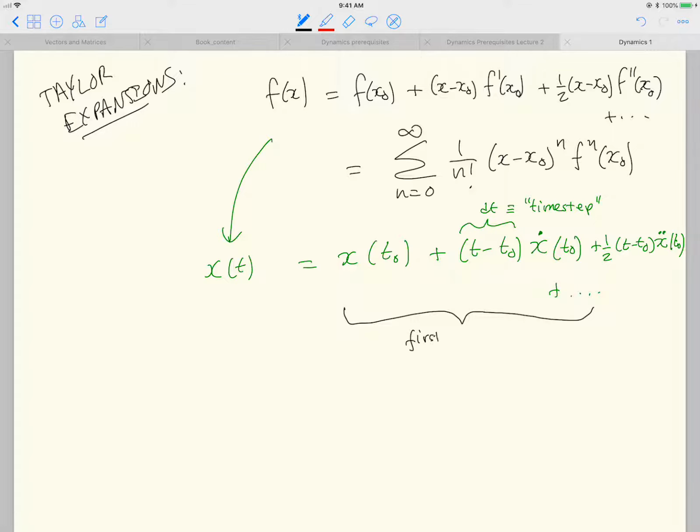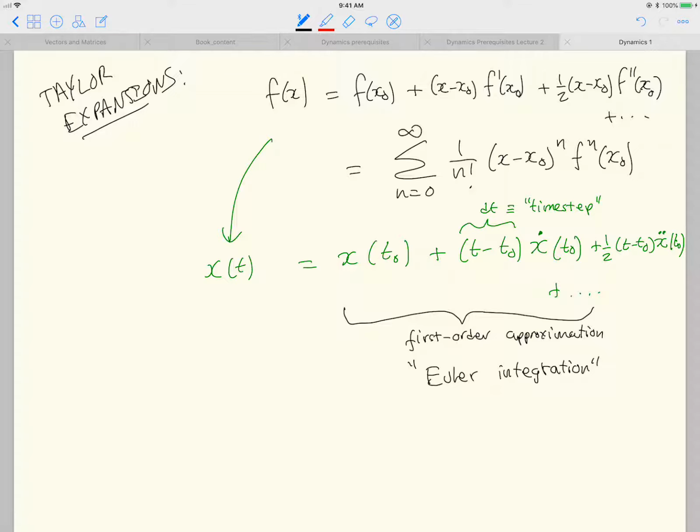This is the first order approximation, and using this, as I'll show you in a second, is also known as Euler integration. We'll use this in class because it's pretty simple, but it's not the best approximation. If you took more terms, you'd get more accurate results.